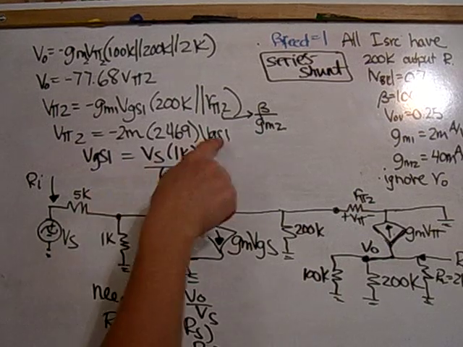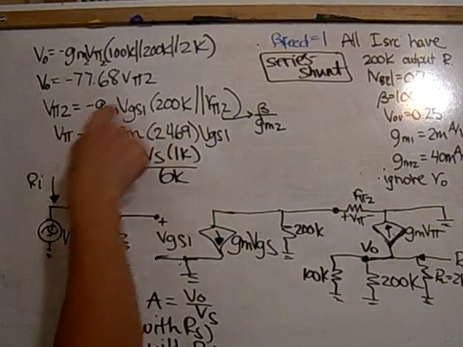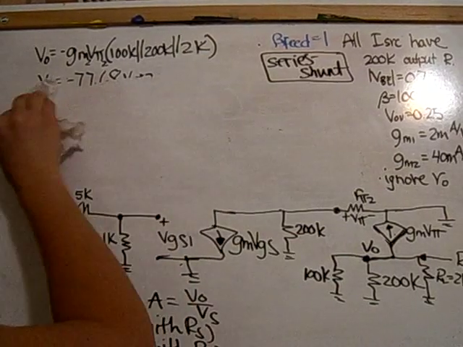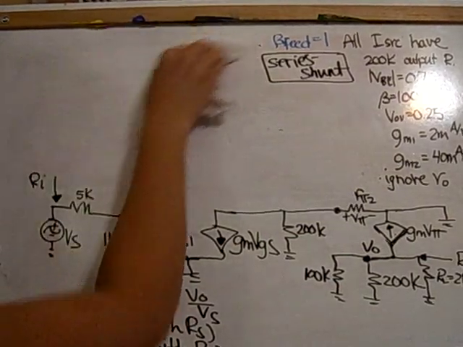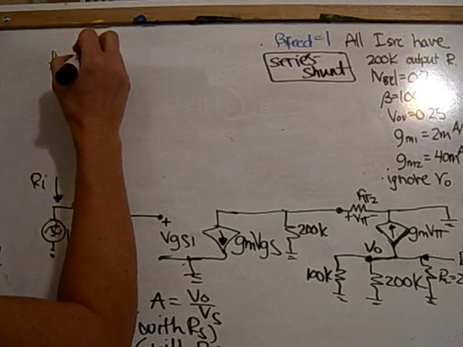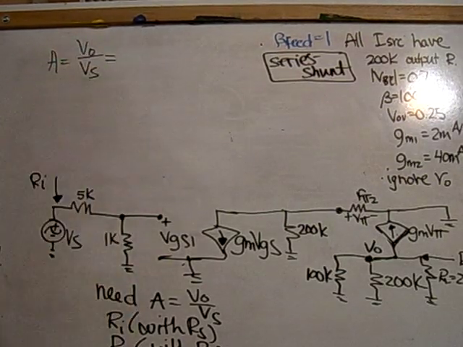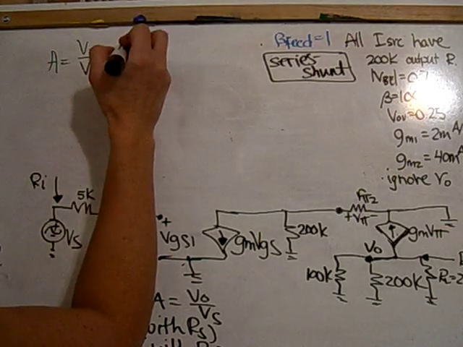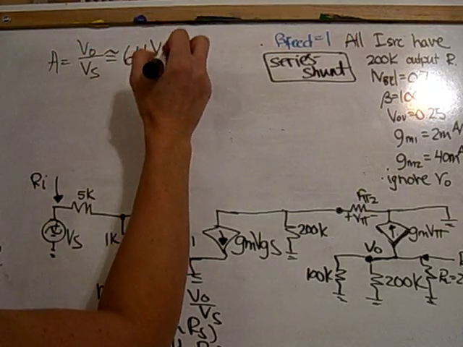So plug VGS1 in here, V pi 2 back into here, and I can get V naught over Vs, which is what I want for A. And that gives me an end value of approximately 64 volts per volt.